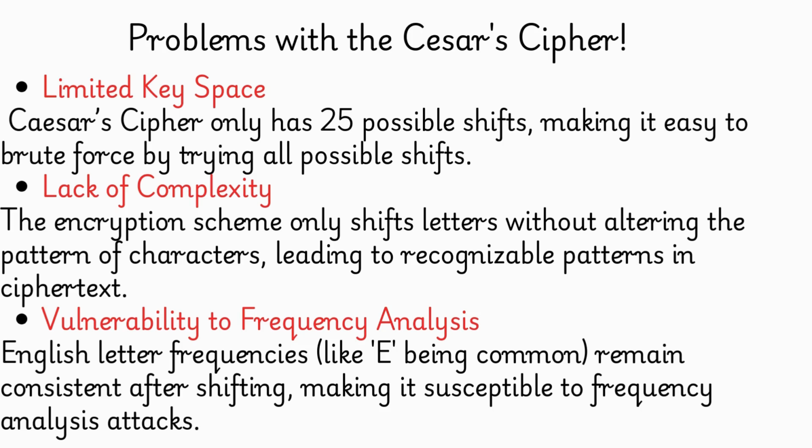So these are the three key reasons why Caesar cipher is not used commonly in modern day applications, but it is a very fundamental introduction to the field of cryptography.